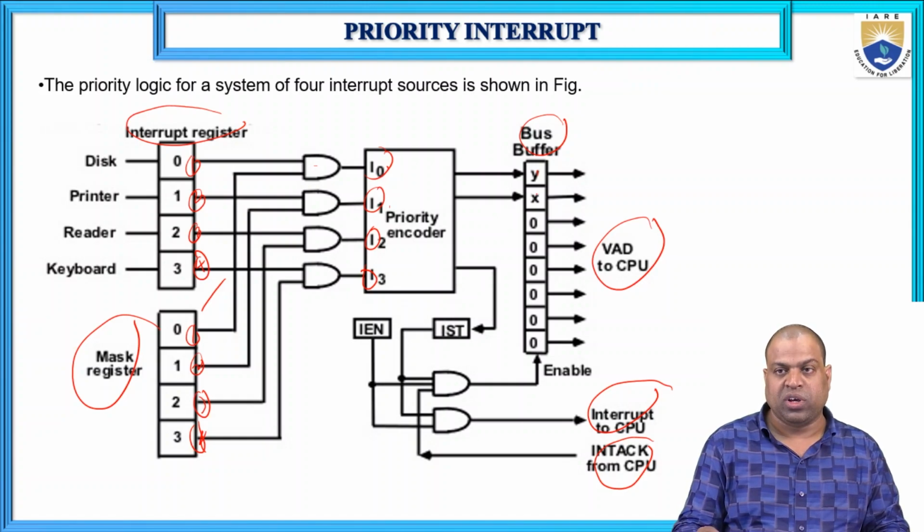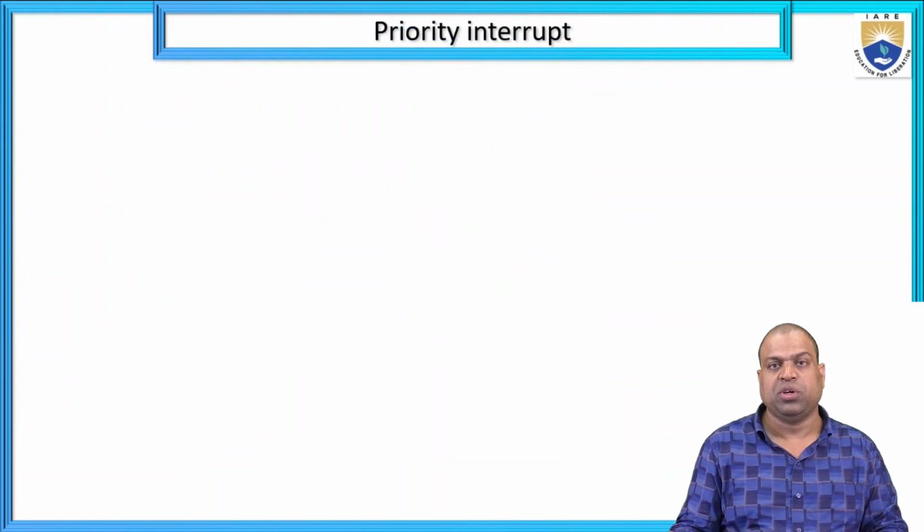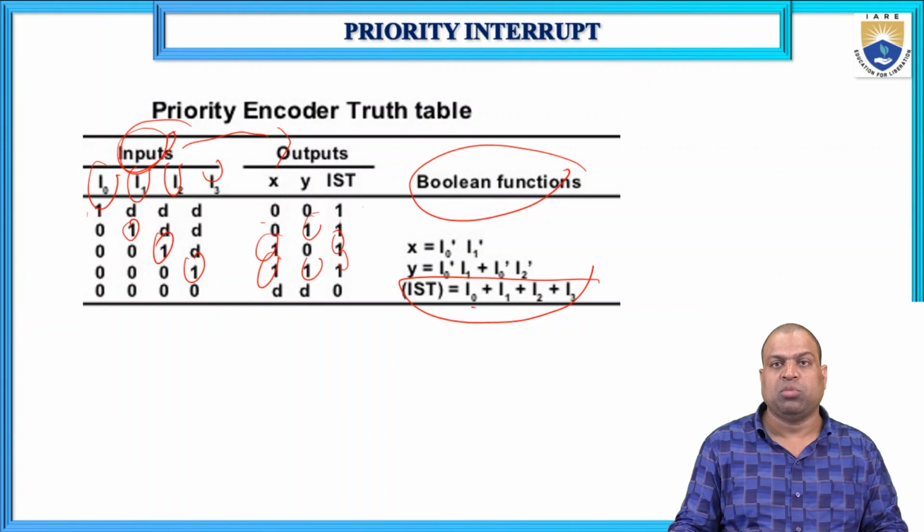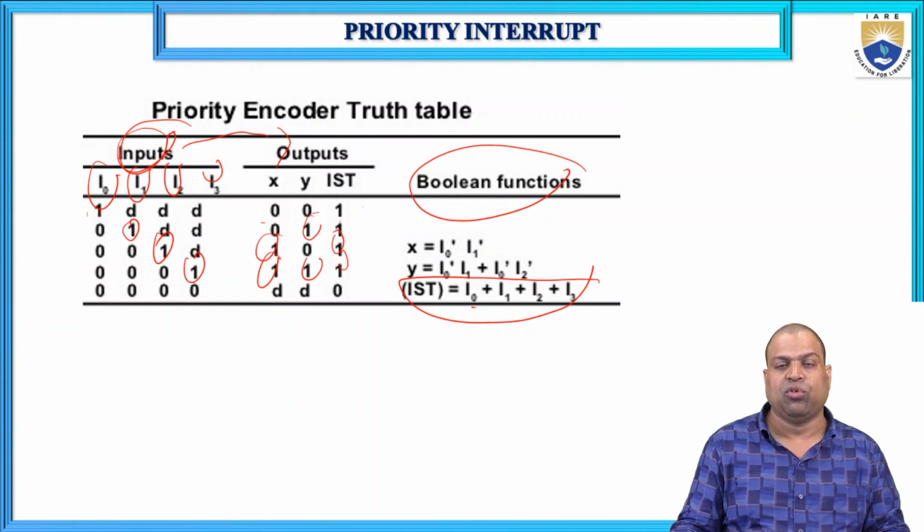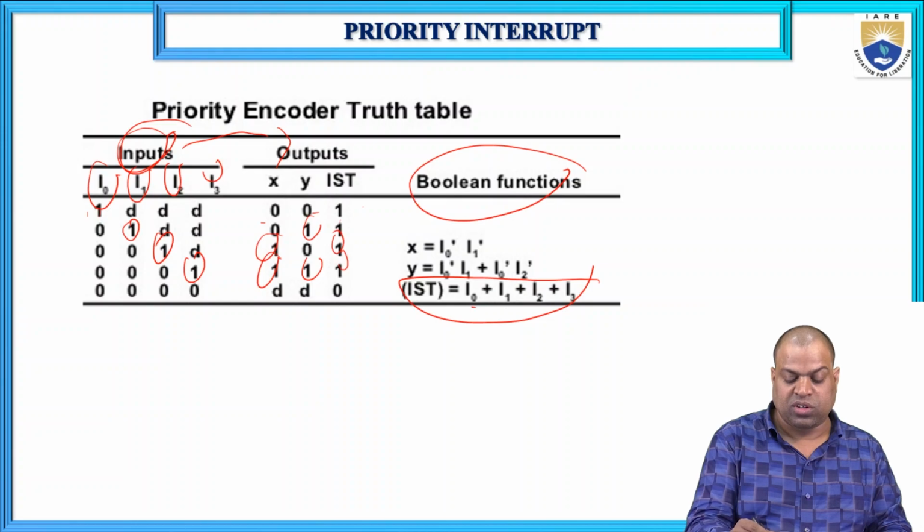So if the interrupt is enabled, then we get the request from the devices as an interrupt to the CPU, and the CPU will give the acknowledgement, that is an interrupt acknowledgement from the CPU. And it is a truth table of the priority encoder with inputs and outputs. Here I am taking four inputs and 2 outputs, 0, 0, 0, 1, 1, 0, 1, 1.